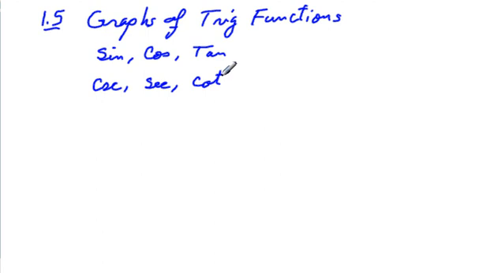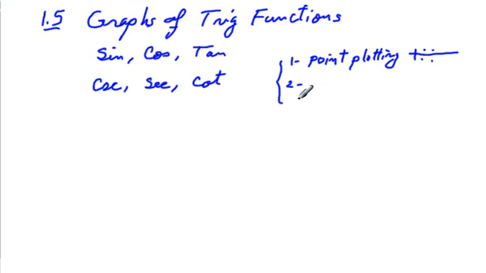Now we have three ways of doing these graphs. One is patiently doing the point plotting. So you make a table of values, give x and y's, and plot them individually. I'm going to leave that to you.